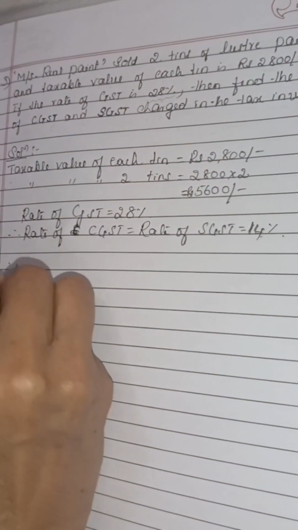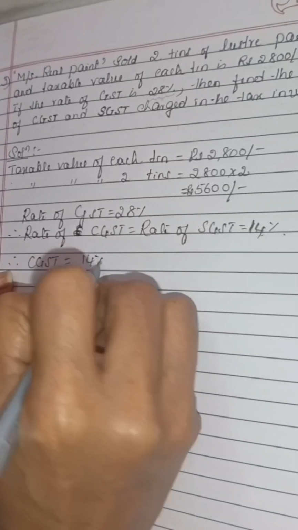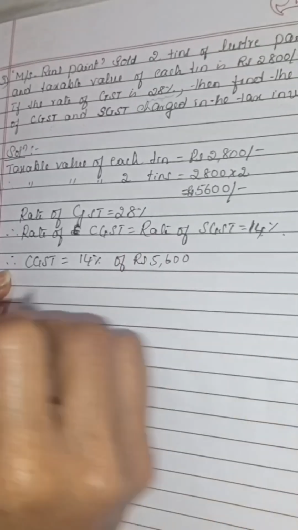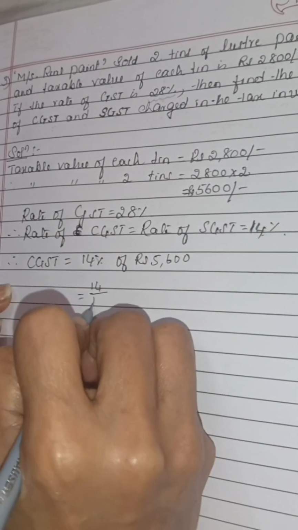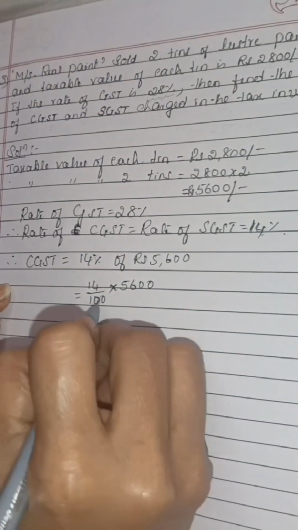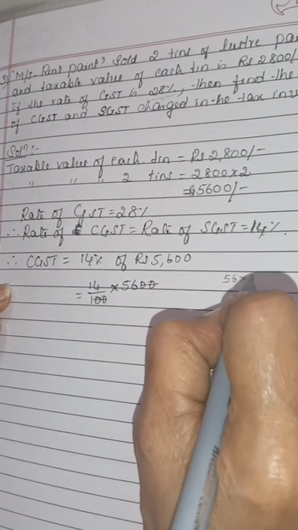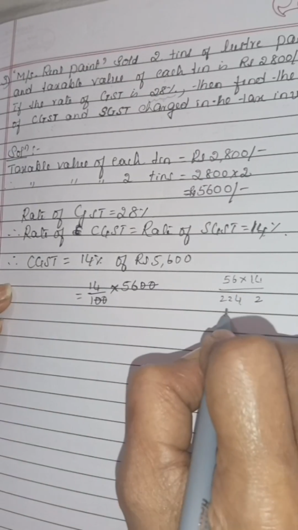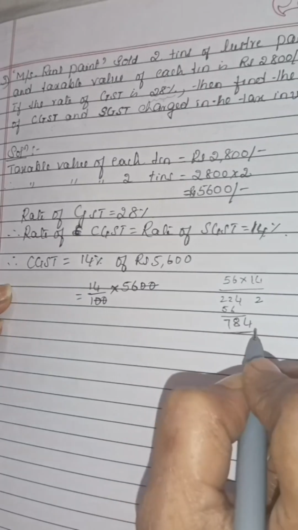So therefore CGST is 14% of rupees 5600. 14% means out of 100, and we have to find it for 5600. This 2 0, this 2 0 gone. So now this is 56 multiplied by 14. Then 56, 4 8s and 5 to 7.